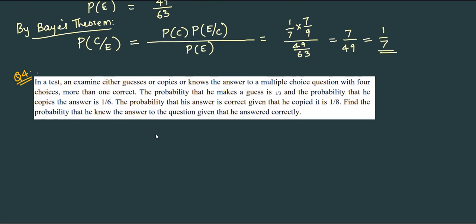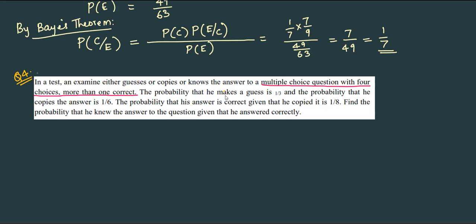Now there's a multiple choice question in an exam. An examinee, a student, either guesses, copies, or knows the answer. Three possibilities. It is a multiple choice question with four choices, of which more than one can be correct.